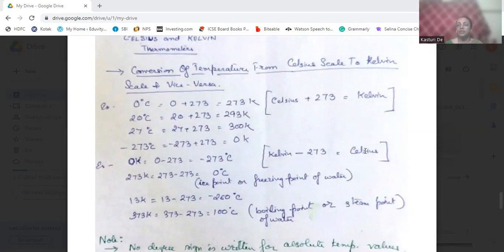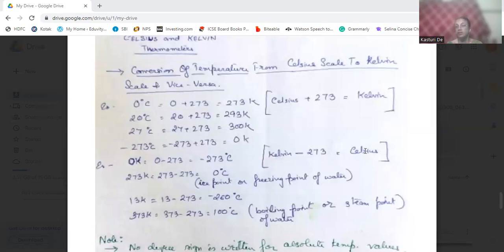Conversely, when we need to convert Kelvin to Celsius, we subtract 273 from the Kelvin reading and we get the Celsius. So 0 degree centigrade is the ice point, the fixed freezing point of water. That is 273 Kelvin, 273 minus 273, which equals 0 degree centigrade.